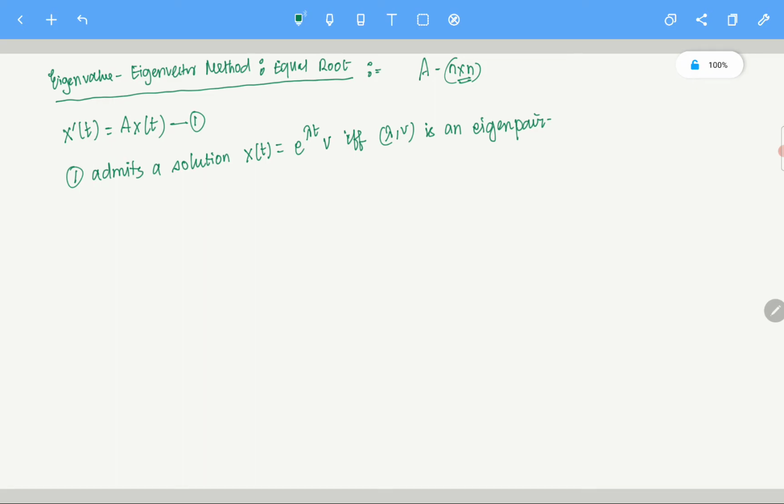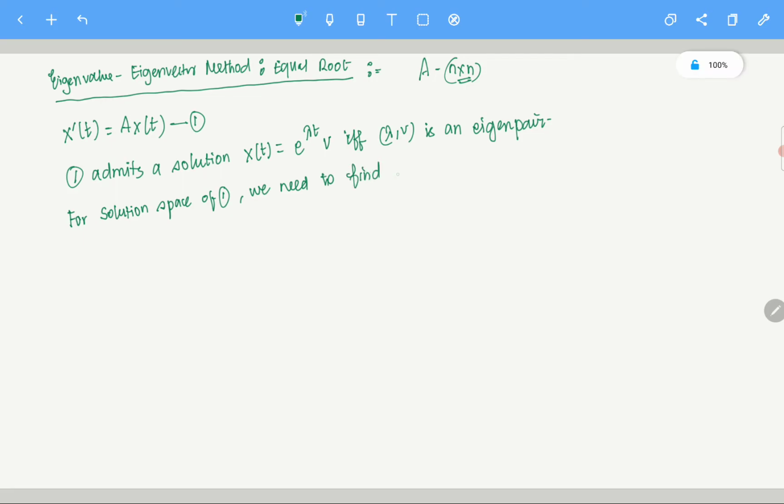So in that case you need to have x1, x2, ..., xn linearly independent. So basically for the solution space of one, we need to find n linearly independent solutions.